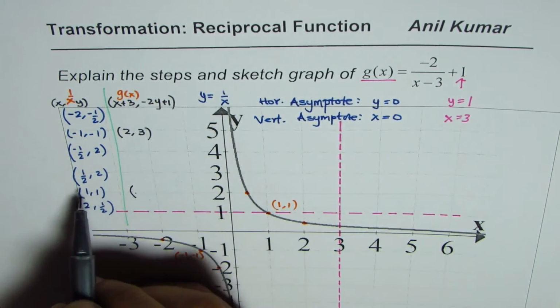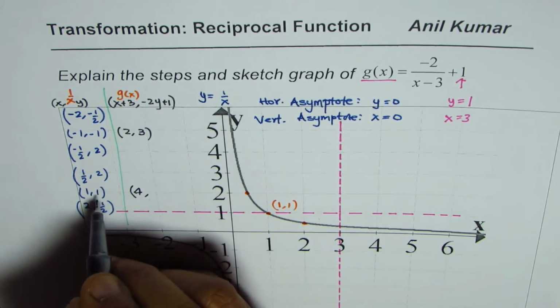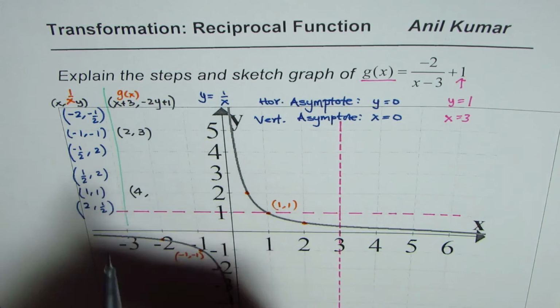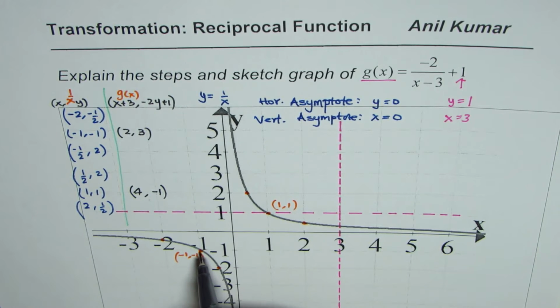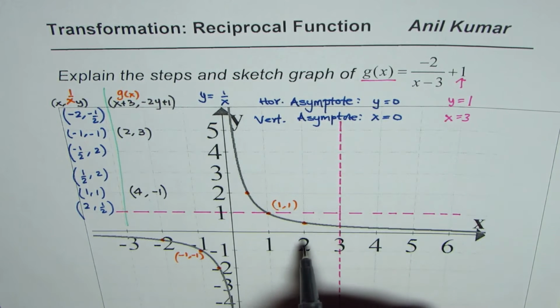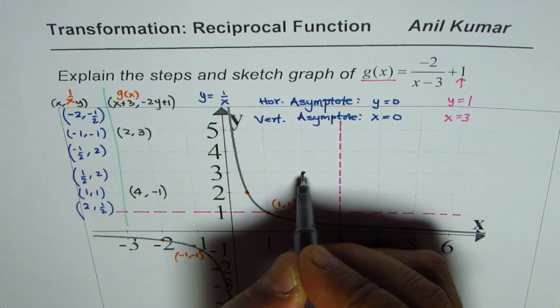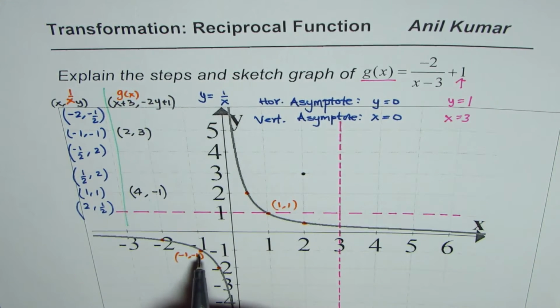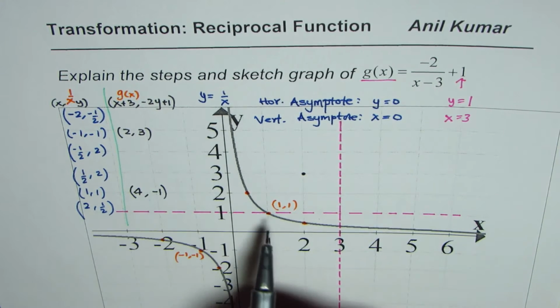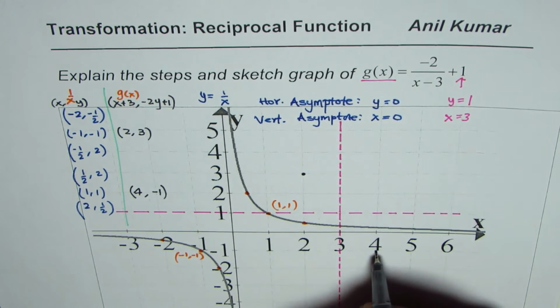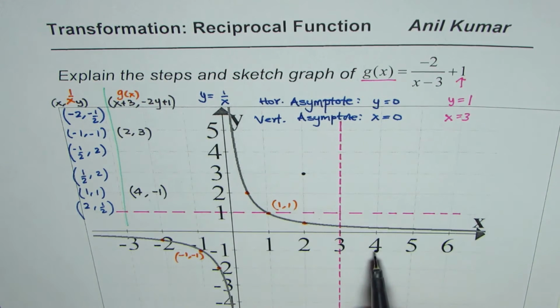So the image of the point minus 1, minus 1 is 2, 3. On this side, 1 plus 3 gives 4, and substituting 1, minus 2 plus 1 gives minus 1. So the image of the point 1, 1 is 4, minus 1.